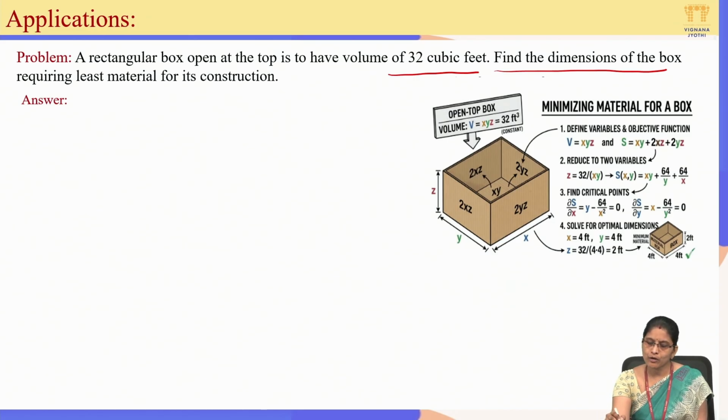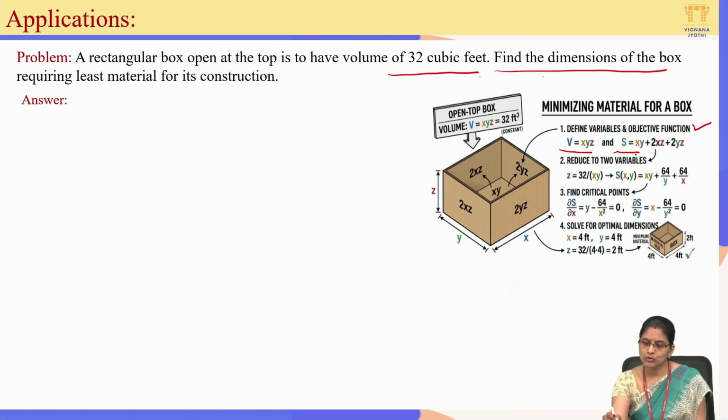To minimize the material for the box, first we have to define the variables and the objective function. For this we take the volume of a rectangular box, V is equal to XYZ, and surface area S is equal to XY plus 2XZ plus 2YZ, because one side, the top, is open.